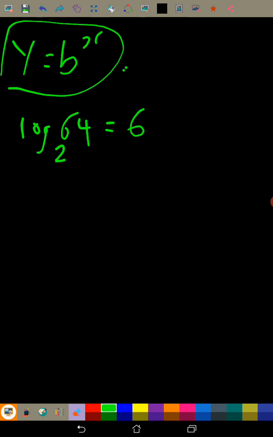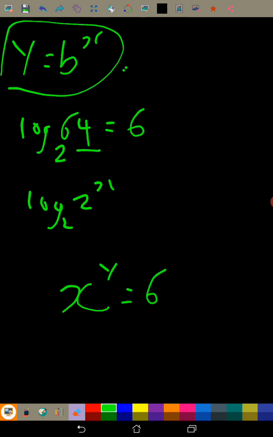What we want is to get rid of the log, so we have to put it in power form, to the base 2. So x to the power of something, y, is equal to 64.